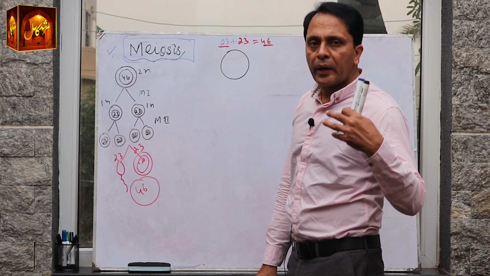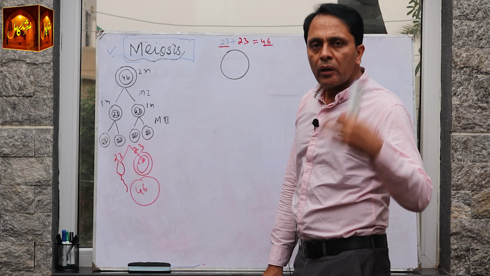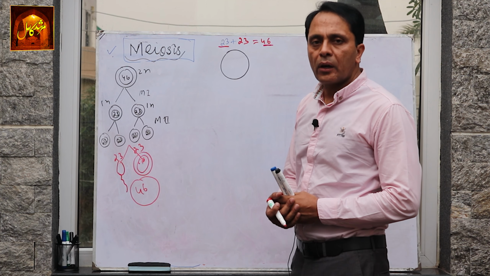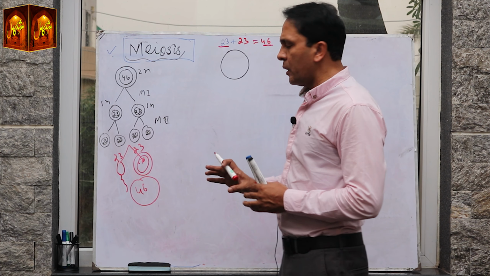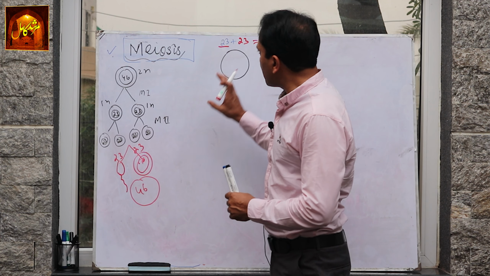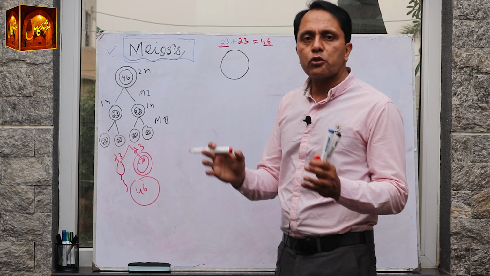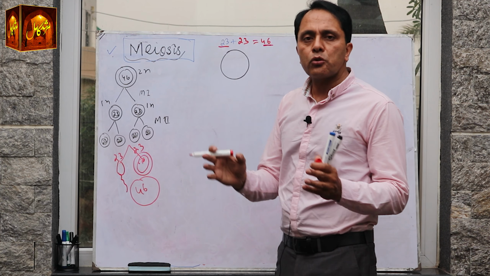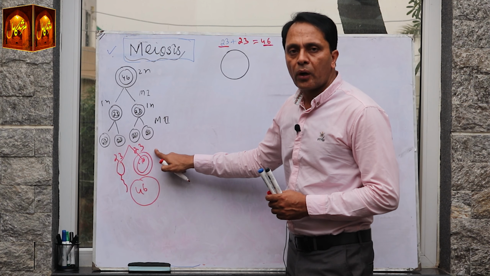So during development, that zygote will be divided by mitosis, and in the whole body, all cells which carry 46 chromosomes, actually they are the mixture of these two sets, 23 from the father and 23 from the mother.